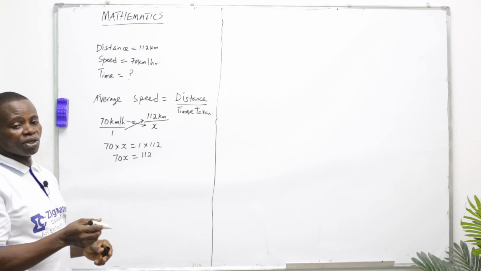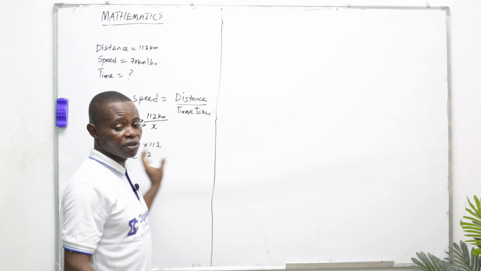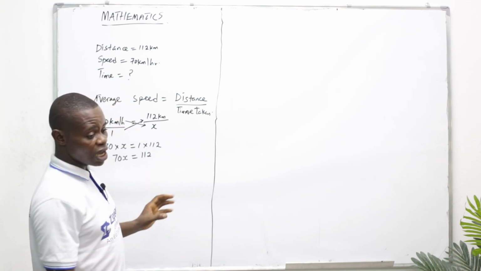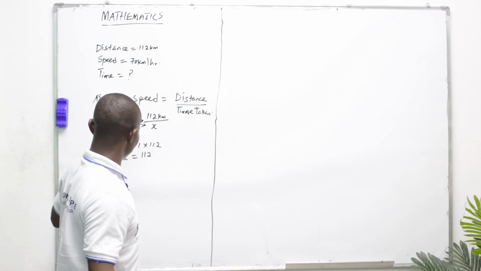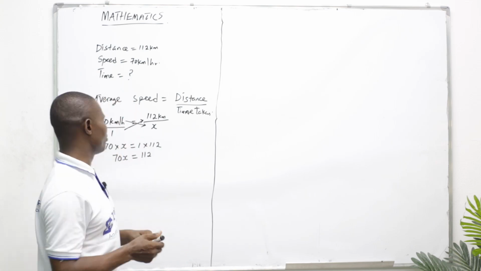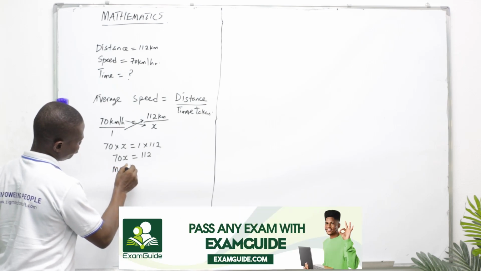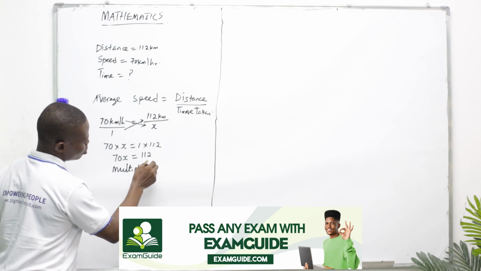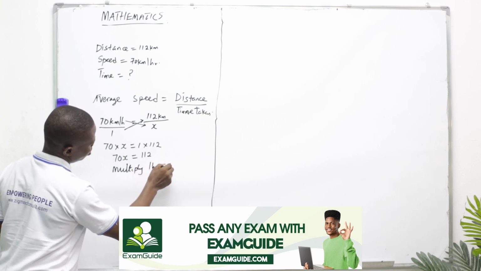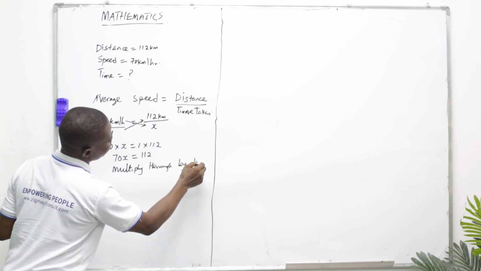This is a linear equation. In every linear equation, look out for the multiplicative inverse of the alphanumeric term. The multiplicative inverse of 70s is simply 1 over 70. So multiply through by 1 over 70.